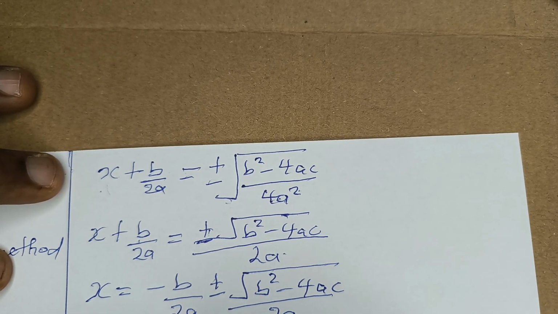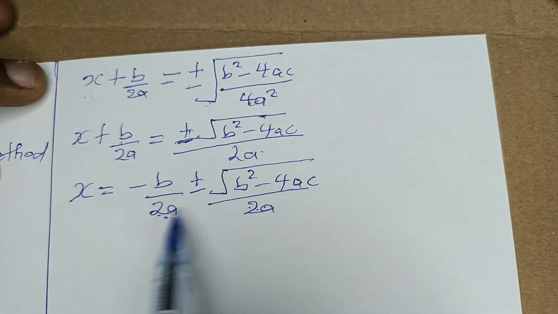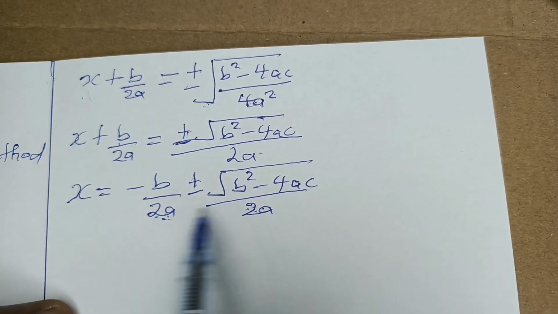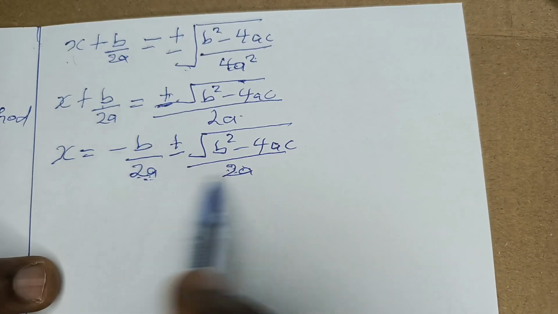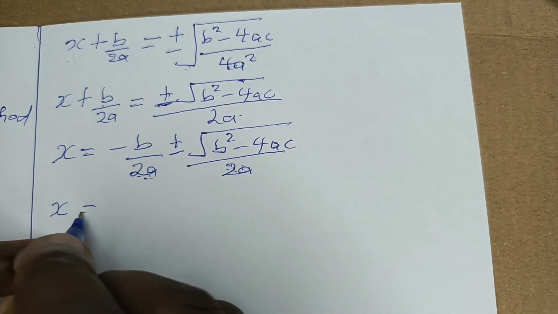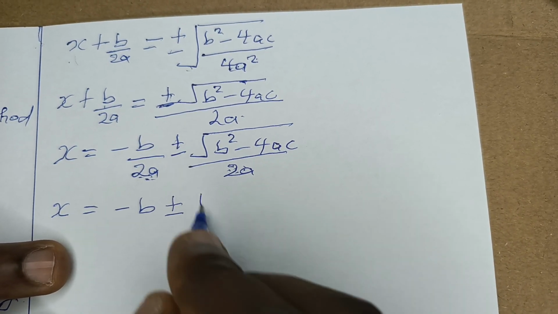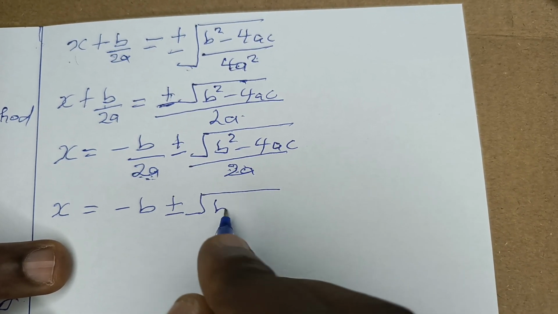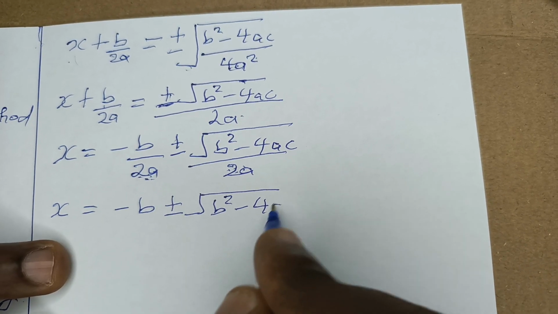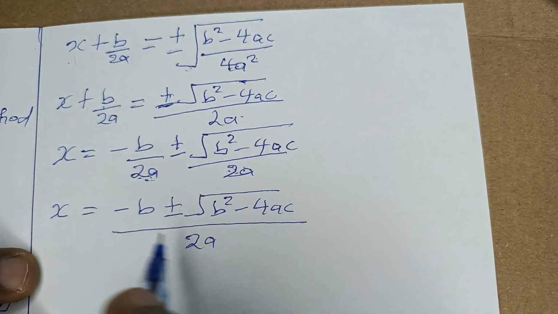These are like terms in terms of denominator, so you can bring them together. So we have x is equal to minus b plus or minus square root of b squared minus 4ac all over 2a.